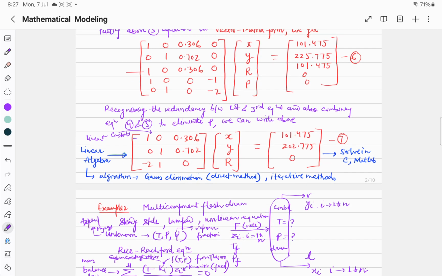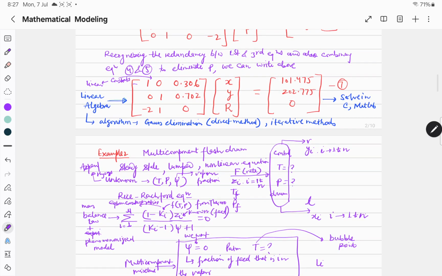Now here comes the linear algebra, right? You can solve this in MATLAB, you can develop the code for MATLAB. Here you can use Gauss elimination, which is a direct method, and in some cases we use iterative methods.